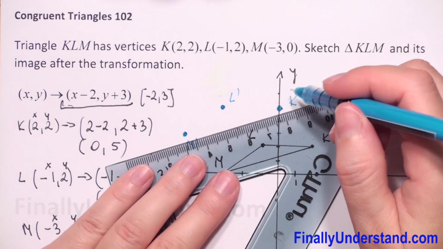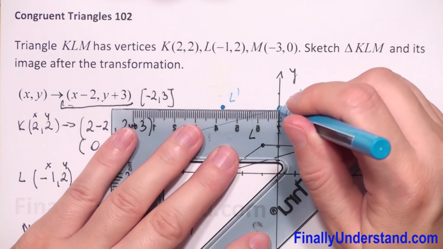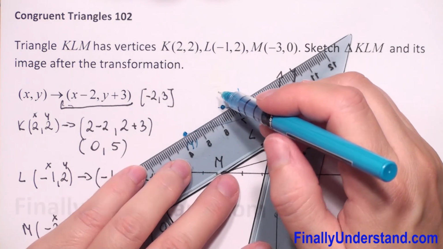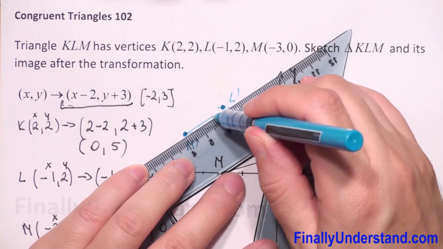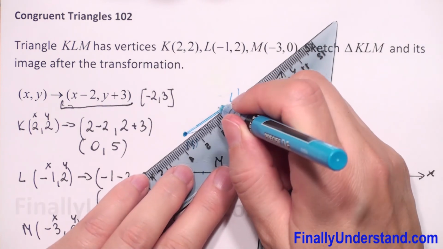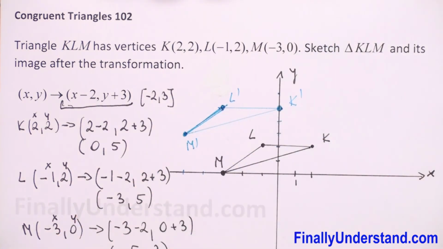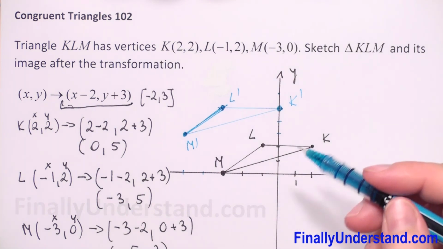So we got triangle K'L'M', and these two triangles are congruent triangles, because after translation about vector we always get a congruent figure.